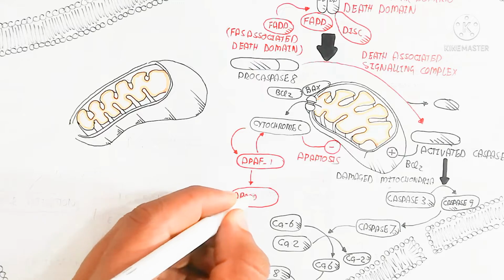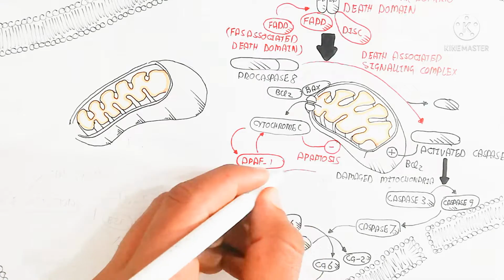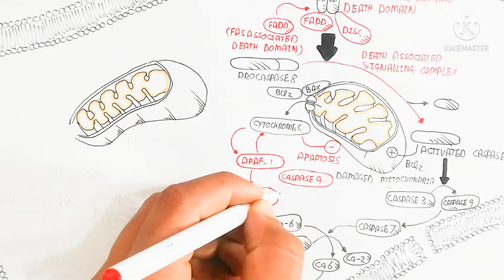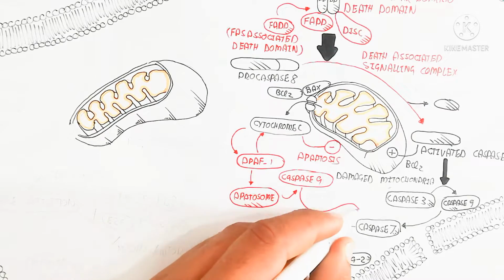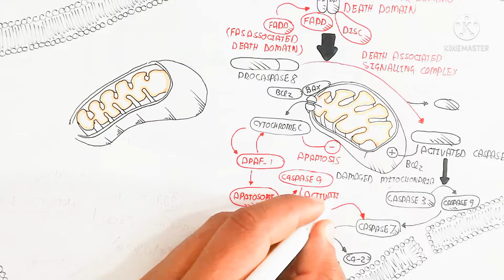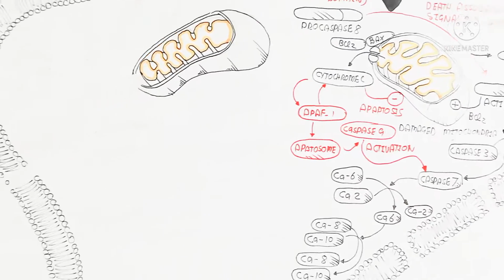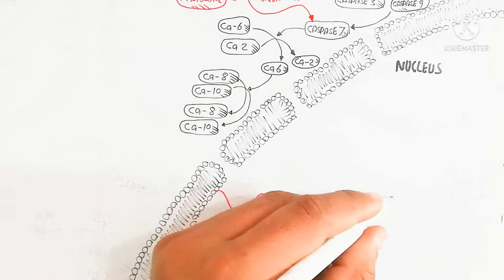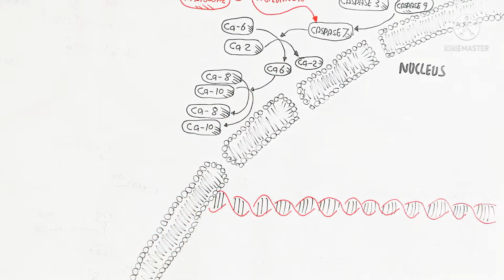Here is the APAF protein, a multimeric protein, which will bind with cytochrome to produce the apoptosome. This apoptosome is used for apoptosis, but we will not go into that in detail.